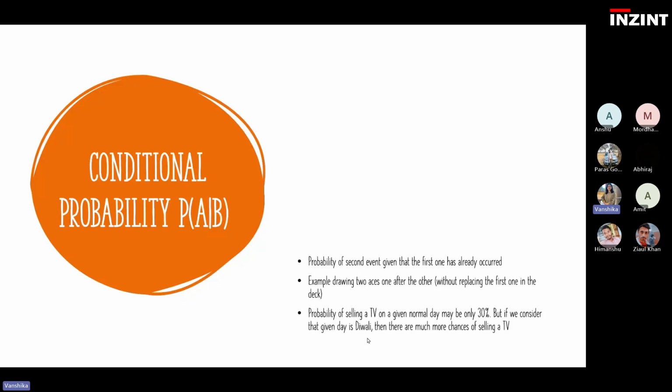Okay, so these kinds of scenarios, here only we can understand कि एक festival के ऊपर मेरी sales काफी depend कर रही है. So all of these things can be calculated using conditional probability, which is represented as the probability of A given that B has already occurred. Representation ऐसे होती है और बोलते हैं कि the probability of A given that event B has already occurred.